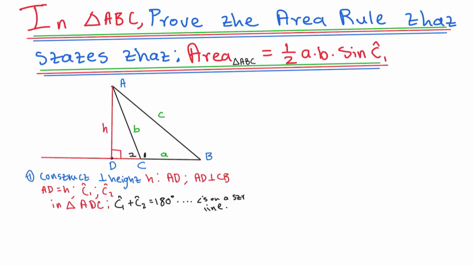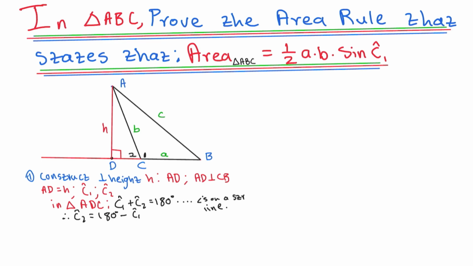Therefore my C2 is 180 degrees minus C1, because they are angles on a straight line.